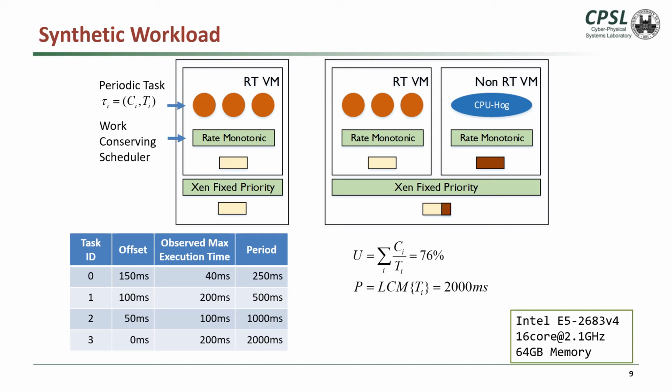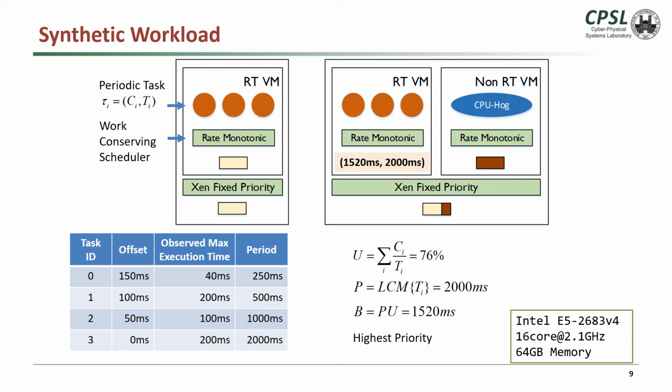The hyperperiod of this task set is 2000 milliseconds. And by multiplying the period and the utilization, you get the budget. Now you just set your vCPU resource interface with the budget equal to 1520 milliseconds and the period set to 2000 milliseconds.